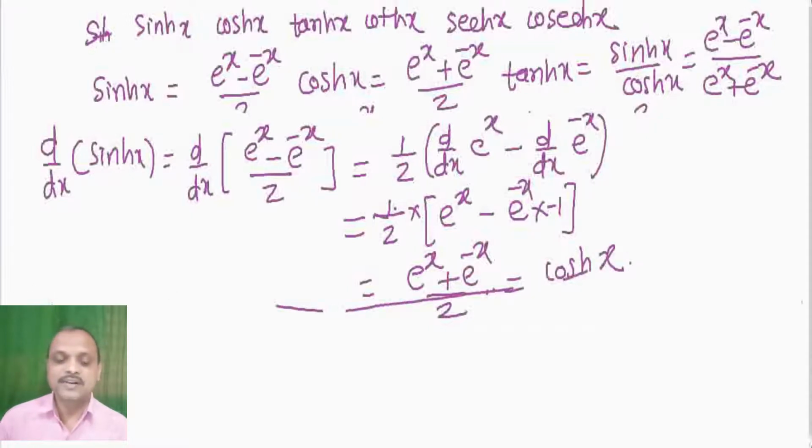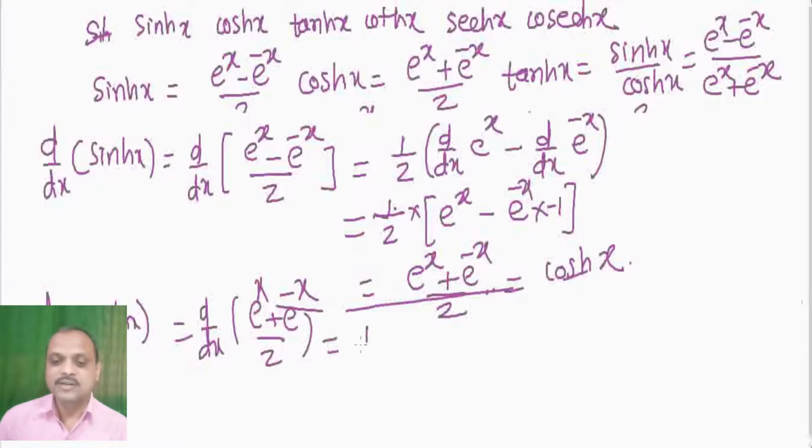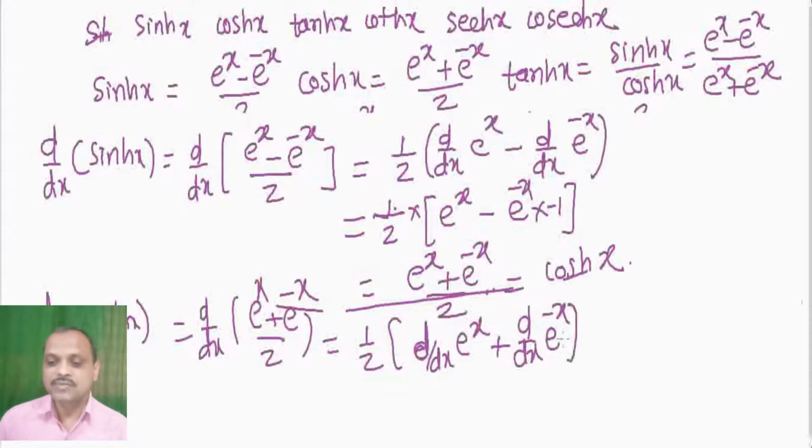Let us find the derivative of cosh. d by dx of cosh x equal to d by dx of e raised to x plus e raised to minus x divided by 2 equal to 1 by 2 into d by dx of e raised to x plus d by dx of e raised to minus x equal to 1 by 2 into derivative of e raised to x plus e raised to minus x into minus 1.